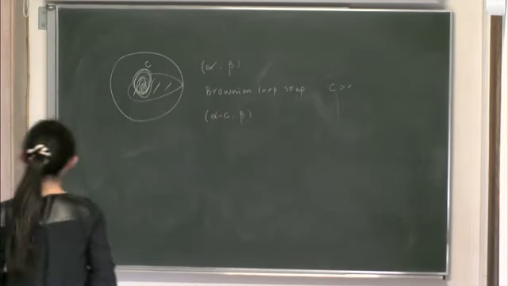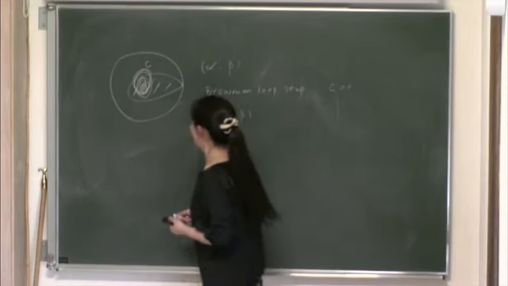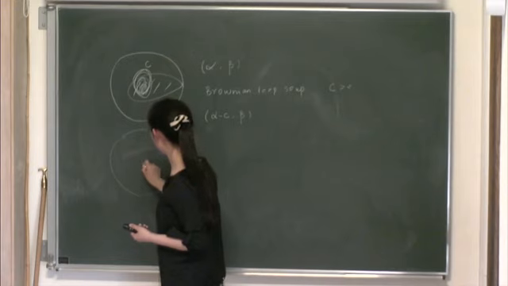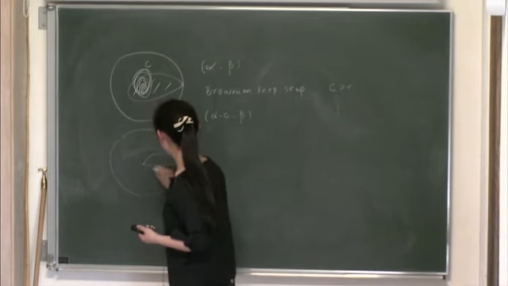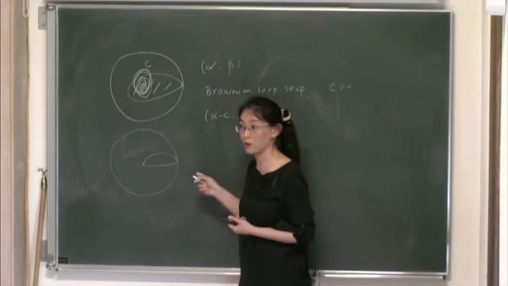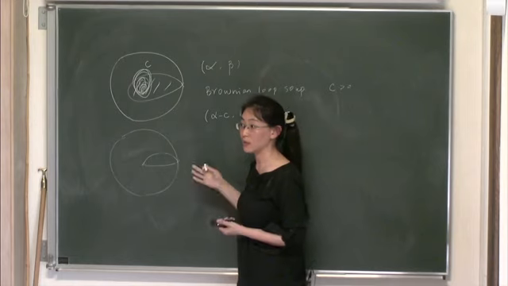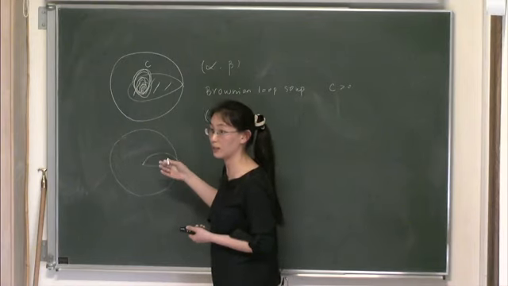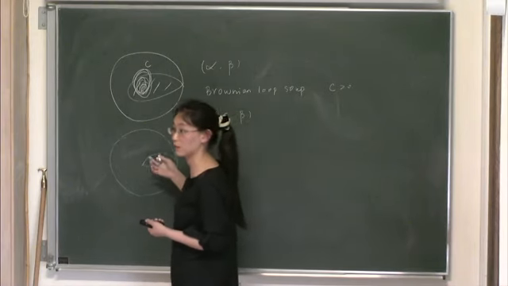From this observation, we can also see that if we can construct some random set such that the origin is on the boundary, it must be the largest possible alpha. Because once we get one possible alpha, we put some Brownian loop soup, then we can have a smaller alpha.